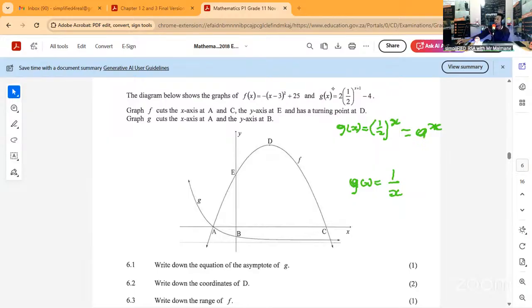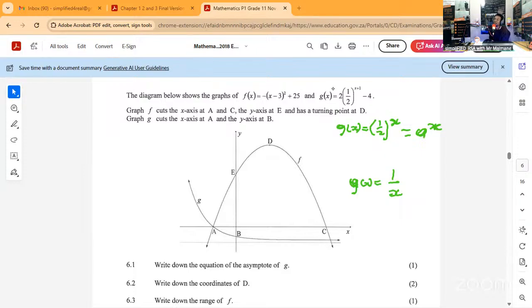But remember, our goal is to focus on the structure, because the structure gives us even more information. According to the structure, our parabola graph is in vertex form.